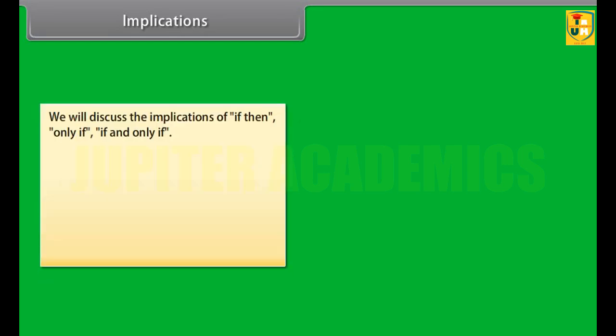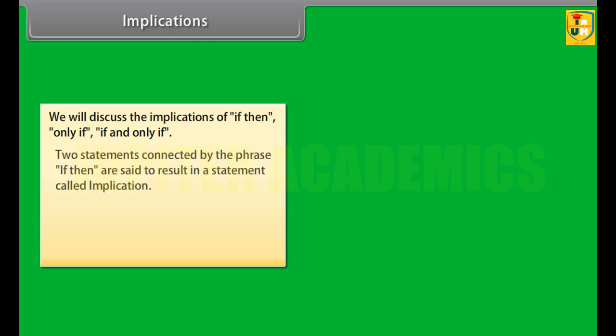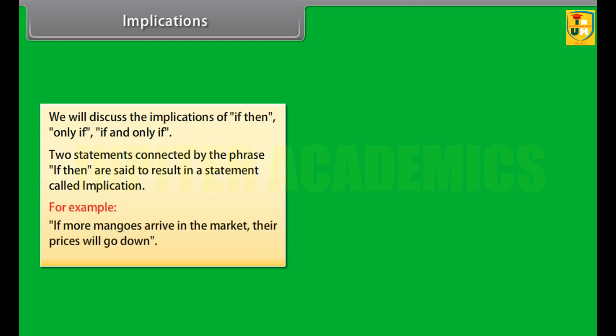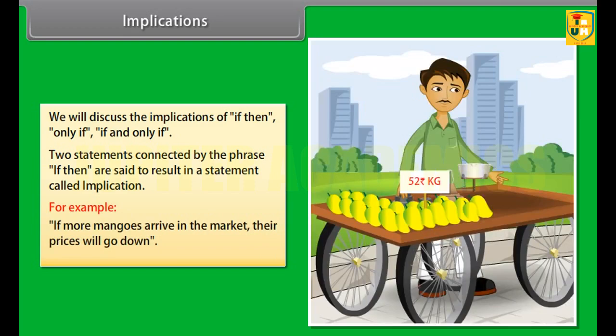Implications. We will discuss the implication of if-then, only if and if and only if. Two statements connected by the phrase if-then are said to result in a statement called implication. For example, if more mangoes arrive in the market, their prices will go down.